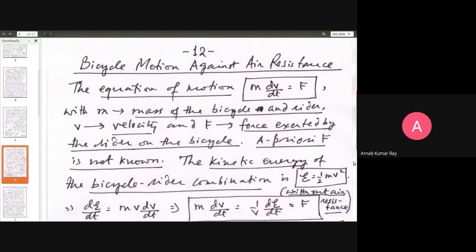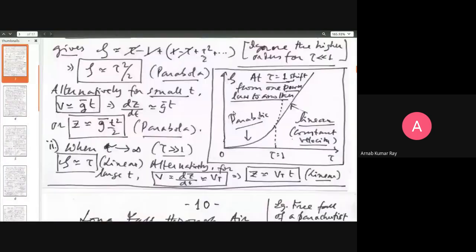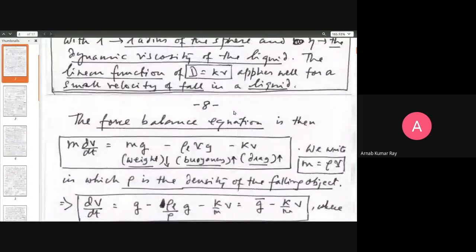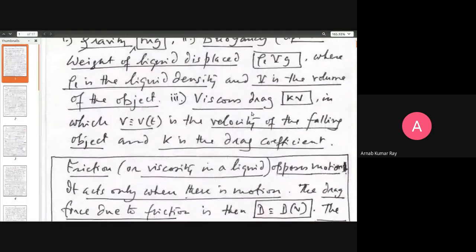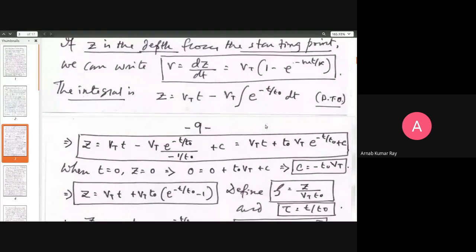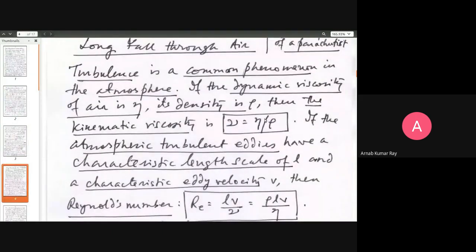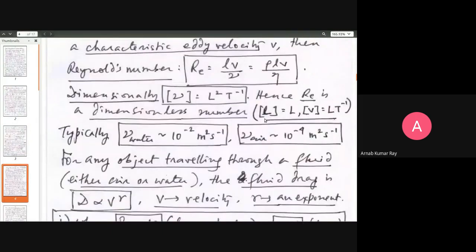We have talked about the free fall of an object through a long liquid column, and the free fall of an object through air. Both of these problems were related to downward vertical motion.